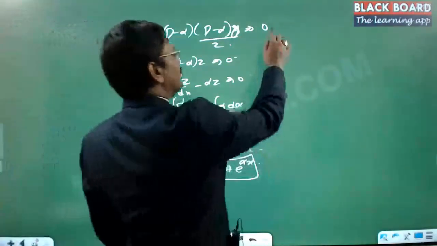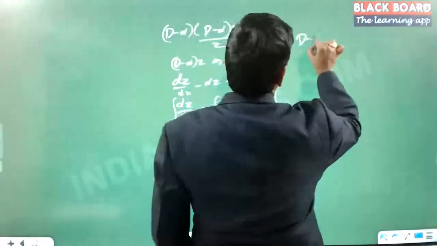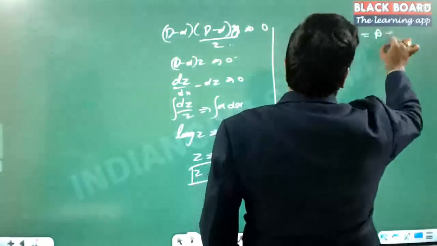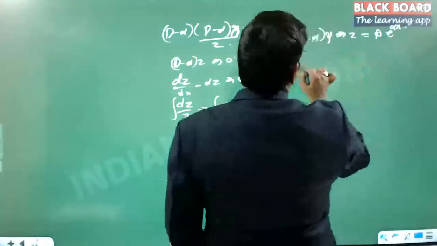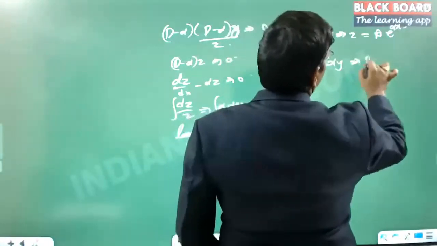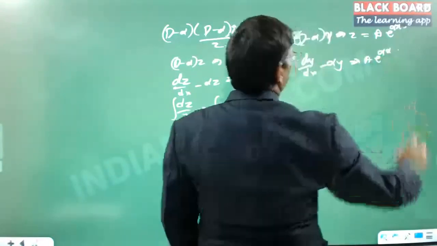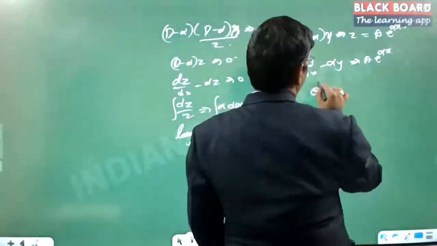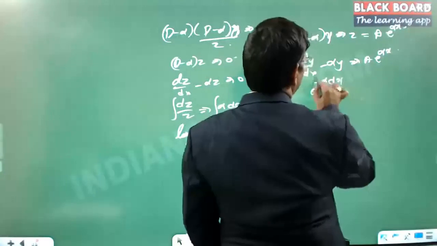And even the second solution will be the same thing. So d minus alpha of y is equal to z, which is equal to a times e power alpha x. So this is dy by dx minus alpha y is equal to a e power alpha x, and you can identify the integrating factor again. So e power minus alpha into dx integral.